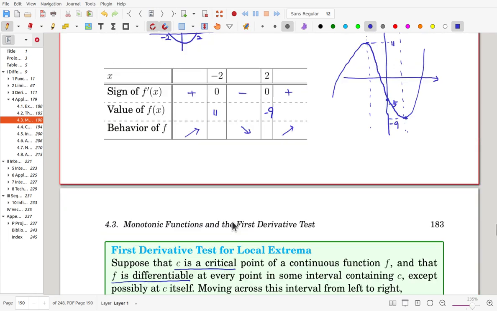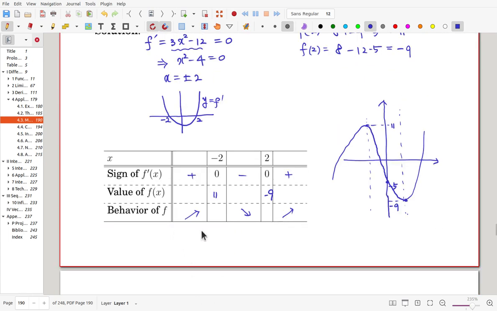Okay, let's go back to the earlier problem. Right now, this point and that point are critical points, and the sign of f prime is positive and becomes negative, so it goes up and down, so at the point it is a local maximum.